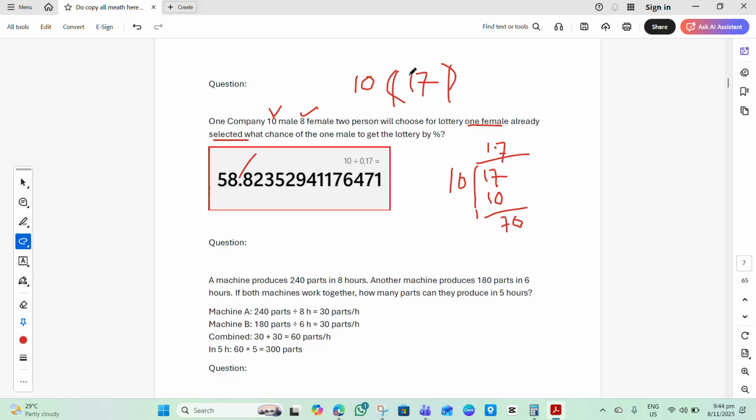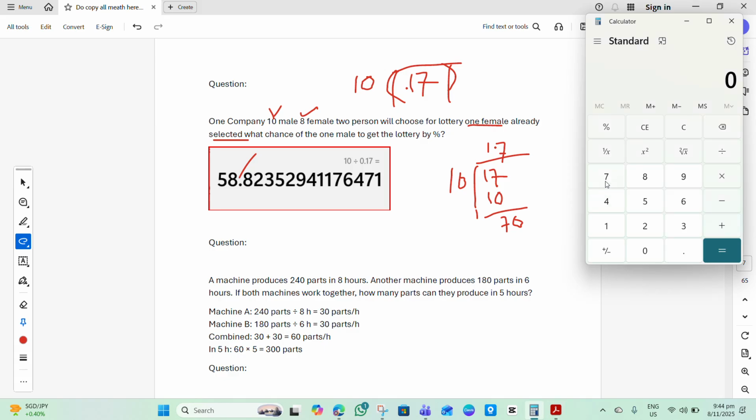Okay, so this question, what do you think? Put only 17 or 0.17? If you give 0.17, the chance of male, you multiply by 100, then you get 58.82. So which one do you prefer? The correct answer.